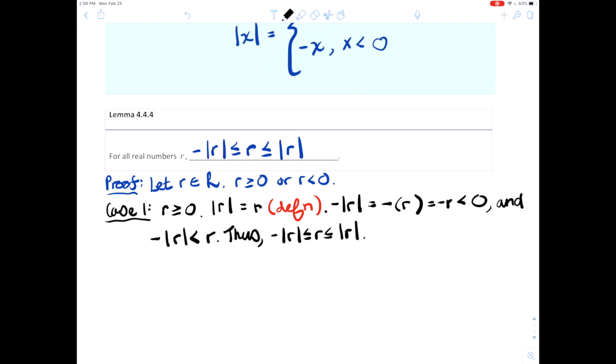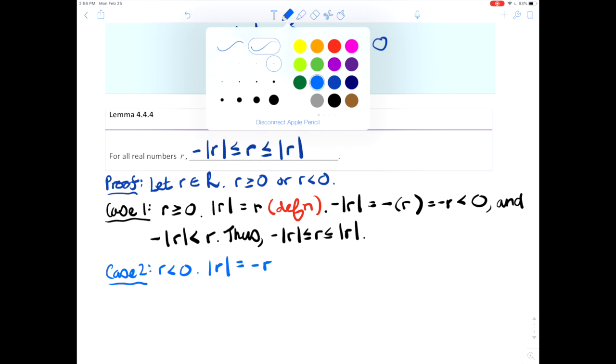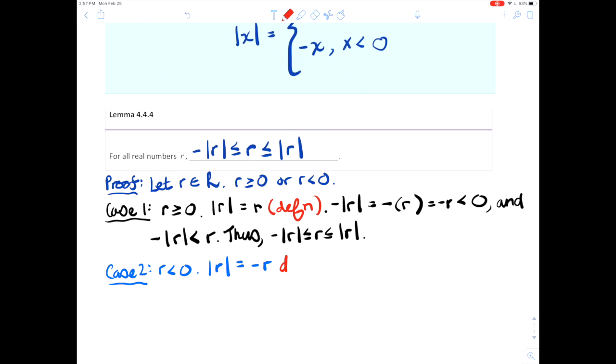Okay, so second case. r is now less than 0. It's a negative integer, right? So by definition, the absolute value of r will be negative r, because you get a positive out when you evaluate an absolute value. And so if it's negative inside there, it's switched its sign. So sometimes it's a little confusing.